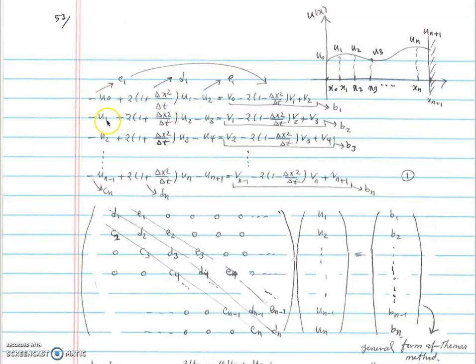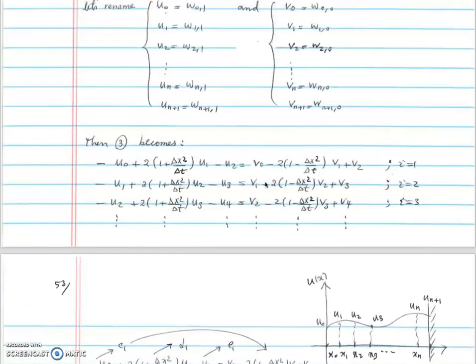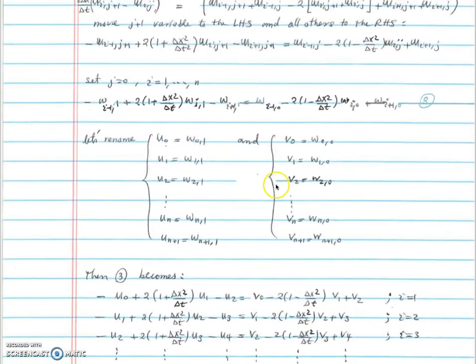So u0 becomes u1, u1 becomes u2, and so forth. We also discussed that the last equation we get is when you plug in i equal n. So when you plug in i equal n to this general equation where j was 0, basically you're going to generate some n plus 1 variables.